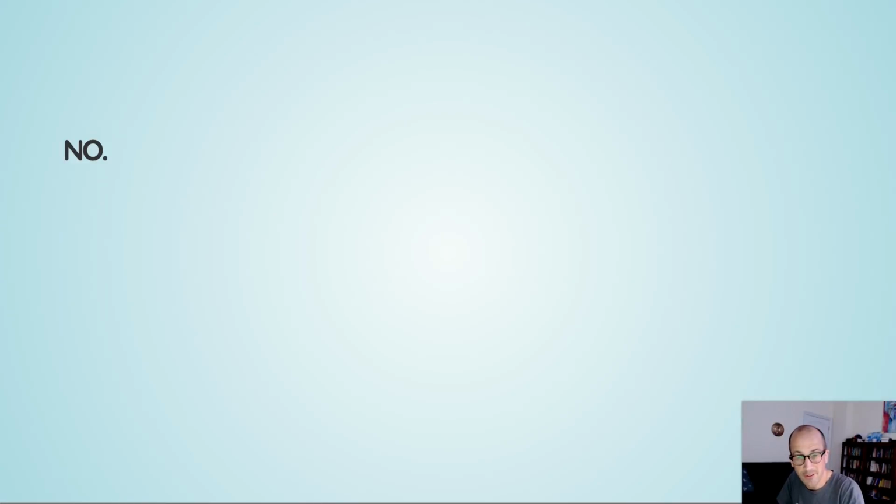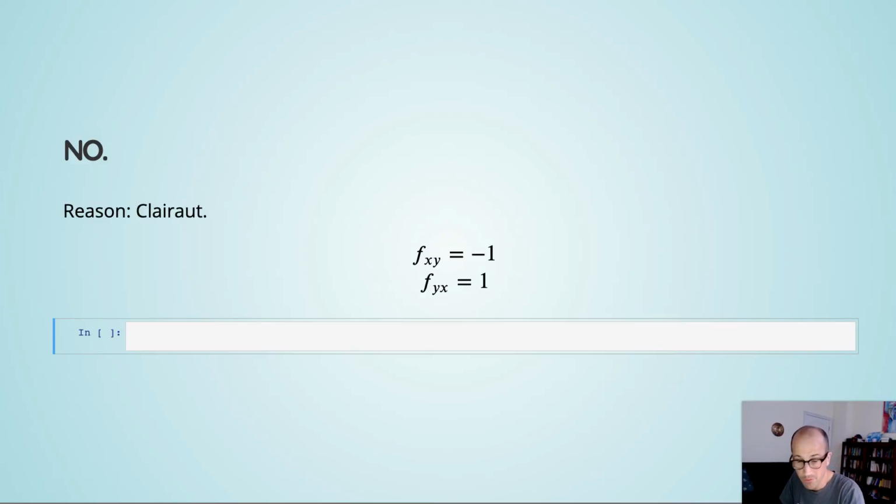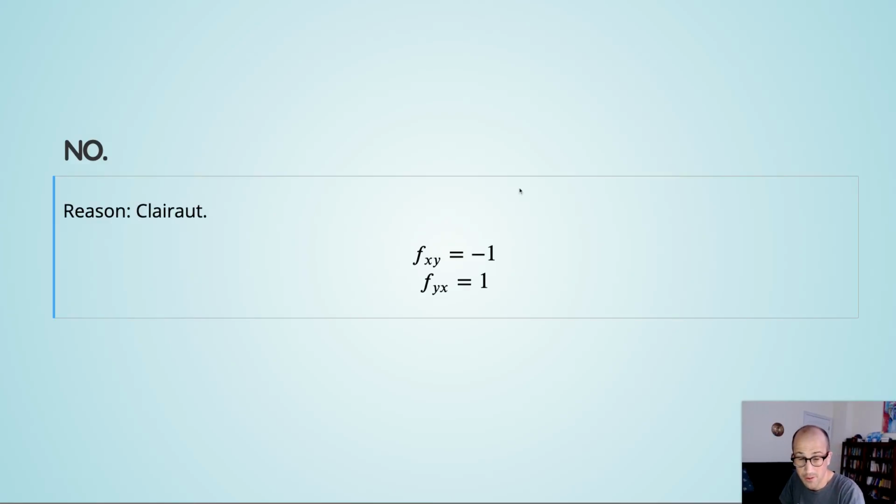Rather than trying it all day, the funny thing is that to check this, we actually take derivatives, not integrals. We don't find antiderivatives. This is Clairaut's theorem again. If there were such a function f where fx was minus y, then fxy would be minus 1, because I just take a y derivative of fx. But the same function has a y derivative of x, so fyx would be 1.